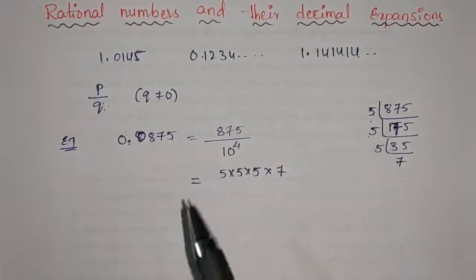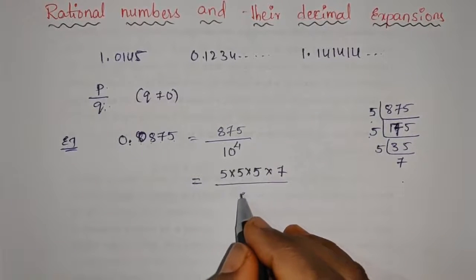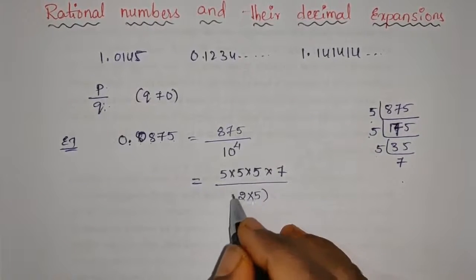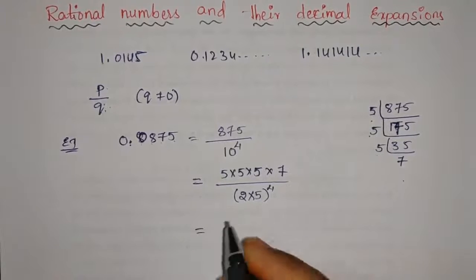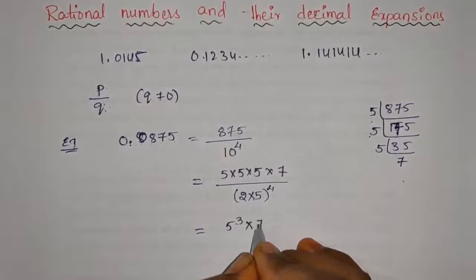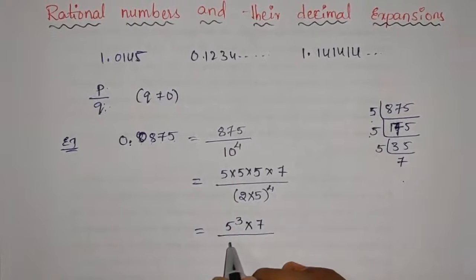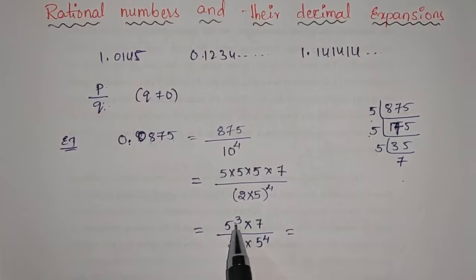I am writing that here, and the denominator as it is, 10 power 4. This 10 can be written as 2 into 5. Again we are doing the prime factorization for the denominator also. So the numerator can be written as 5 power 3 into 7 divided by 2 power 4 into 5 power 4. When you simplify, here the cube of 5 is there, here power 4 is there.